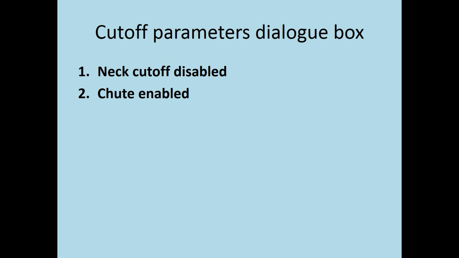The first distinction that we make, which is really somewhat arbitrary, but it's very useful nonetheless, is that there's a distinction between a neck cutoff and a chute cutoff. We don't tend to go into the theory in these tutorials, but in the simplest terms, a neck cutoff is one that occurs when one limb of the meander bend gets so close to the channel on the other limb that the two channels touch.